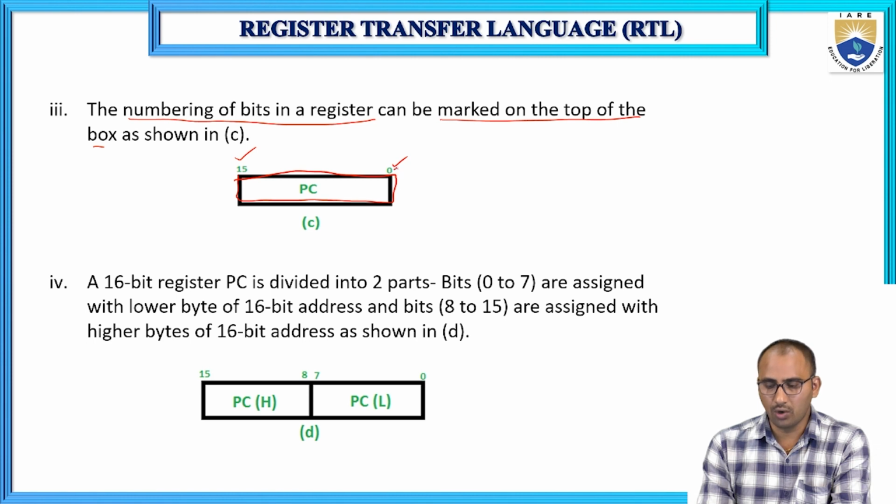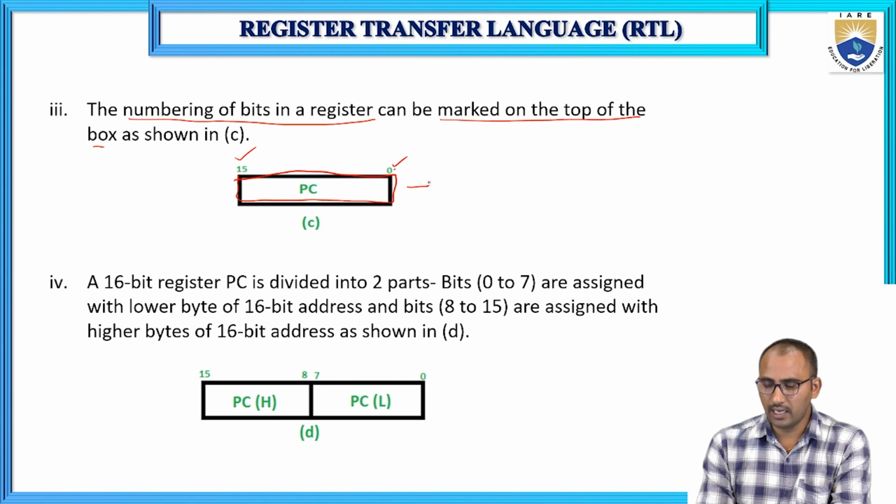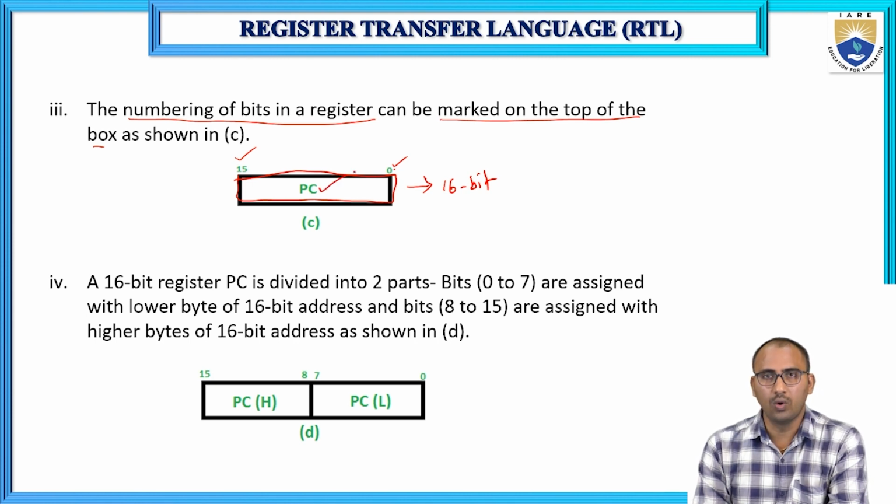The starting bit is 0 and the ending bit is 15, so in total it contains 16 bits. That's why it is a 16-bit register, and the name of the register is PC, program counter. So that is the third way.